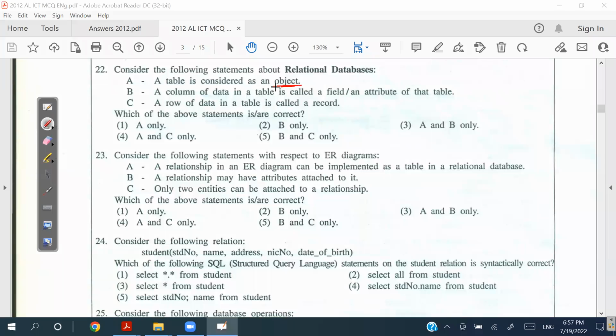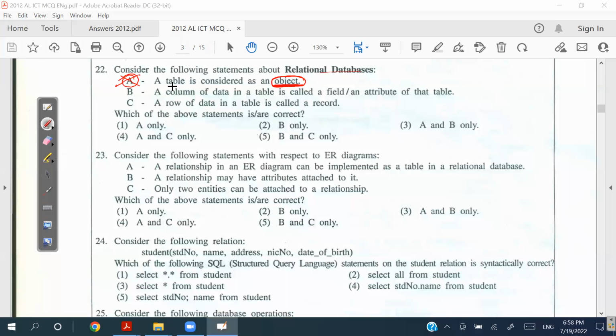So it shouldn't be A. A is out of context. B, it says column of data, because in a relational database a table is considered a relation, right? So that is why A is wrong.